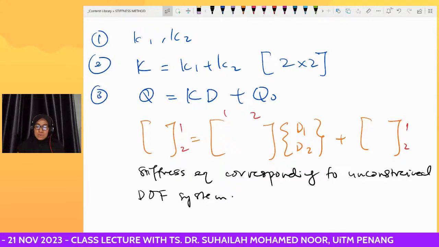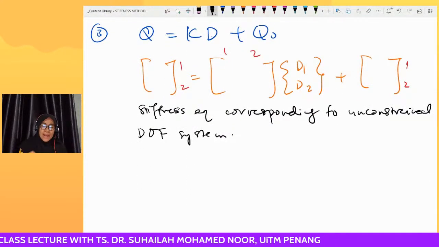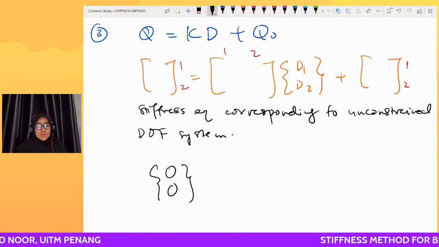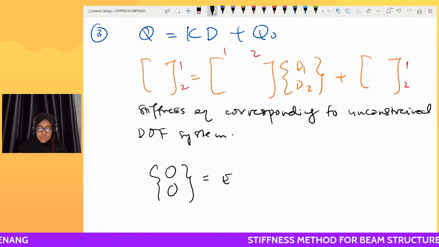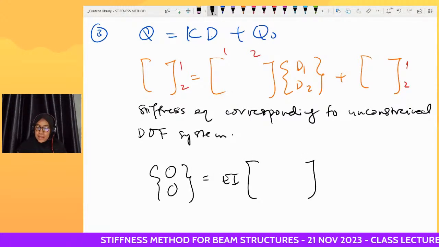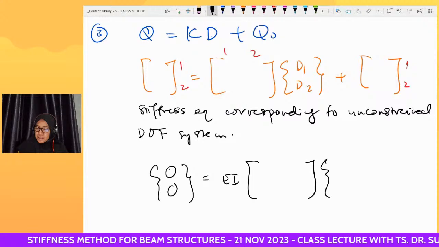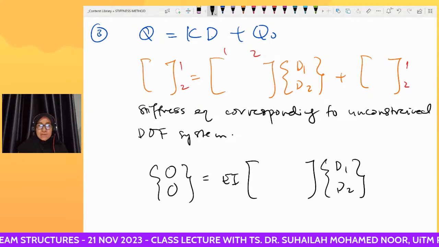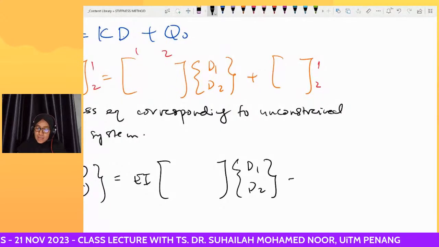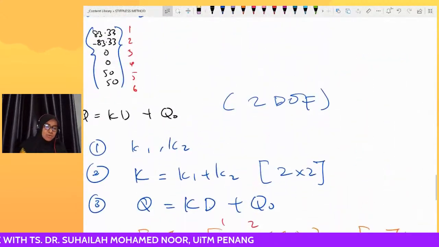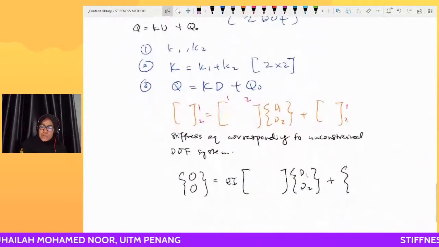Okay, so one and two, we get 0, 0, right? 0, 0. So this is EI. Okay, EI. So we get D1 and D2 here for the unknown rotation at B and C, and we have to add Q naught 1 and 2, 83.33.